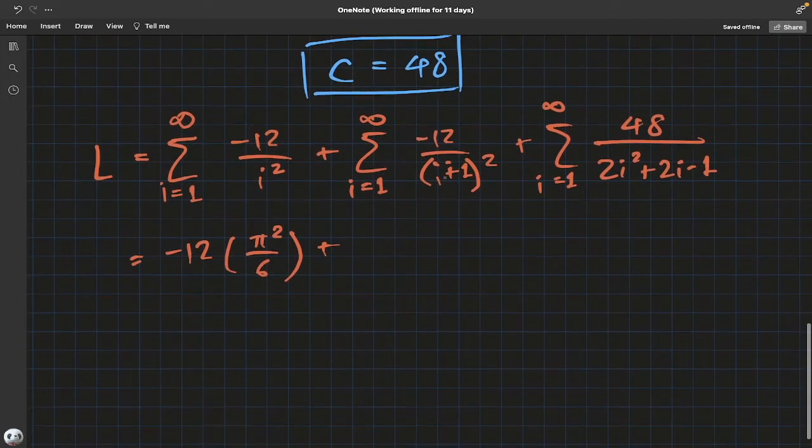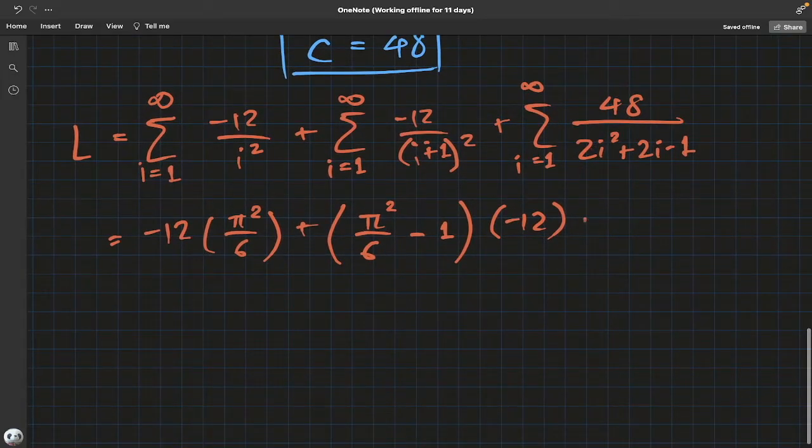The second one is kind of like the first, except the first had the sum starting from 1, and here the sum starts from 2. So we need to add and subtract. When we add that, this sum will include the 1, it will become pi squared over 6, but we have to subtract 1 from it, and of course we have a negative 12 factor we need to account for.